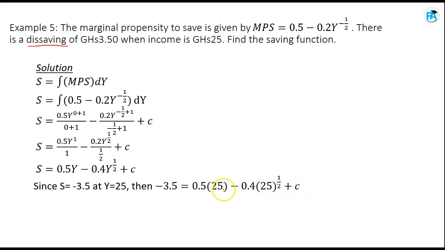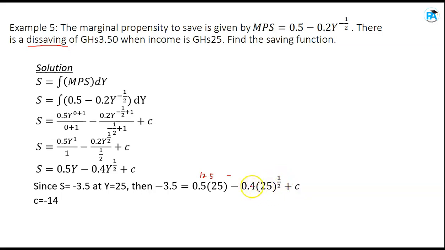Now, when you simplify it, you get c to be equal to negative 14. This is because 25 times 0.5 gives you 12.5. Is that not so? 12.5 minus 25 exponent half gives you 5, because 25 exponent 1 over 2 means square root of 25, and that's 5.